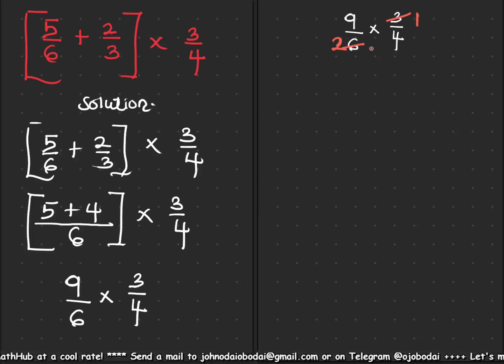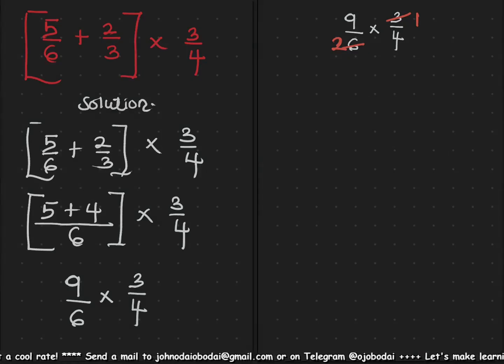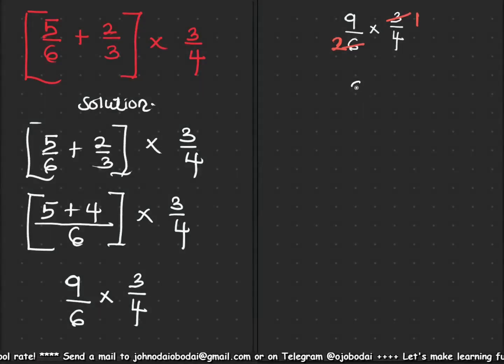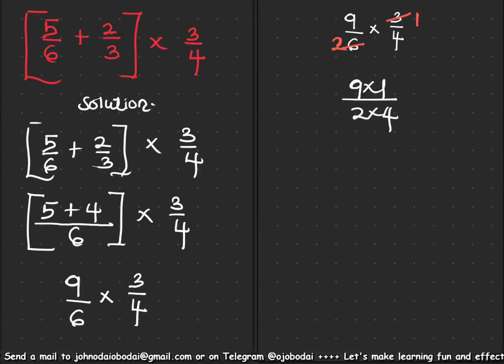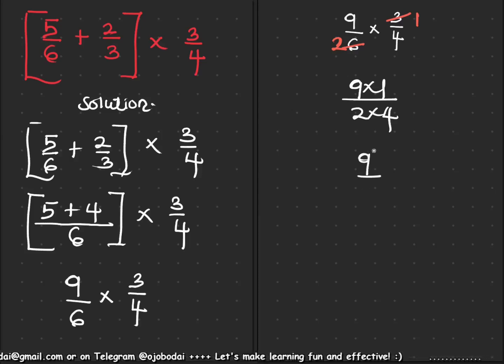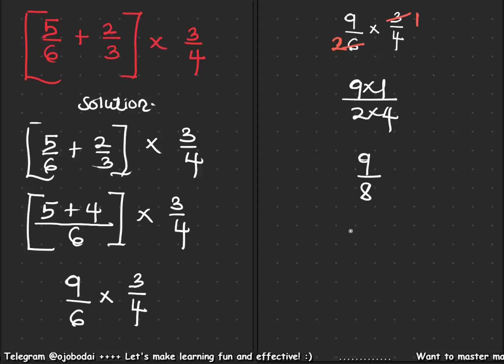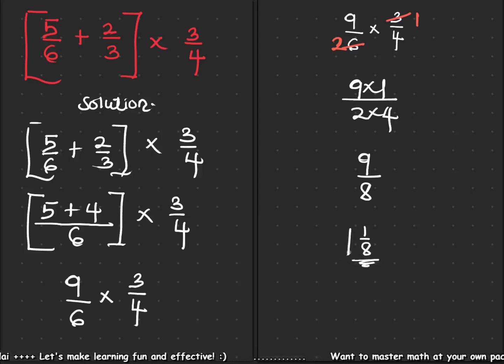They have no common factors. Hence, we have our 9 times 1, then 2 times 4. So 9 times 1 all over 2 times 4. 9 times 1 gives us a 9. And 2 times 4 also gives us an 8. This is our final answer, which we can then change into what? Improper fraction as one whole number 1 over 8. This here is our final answer.